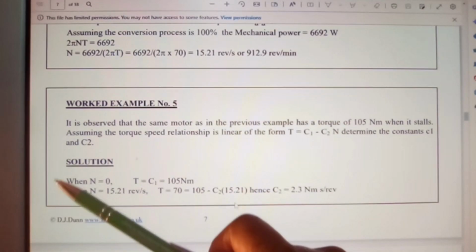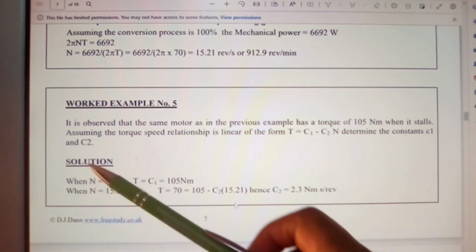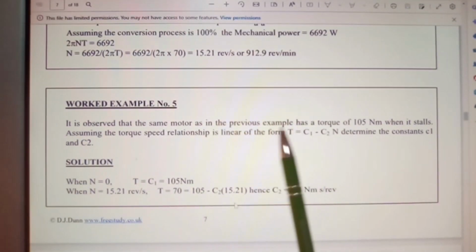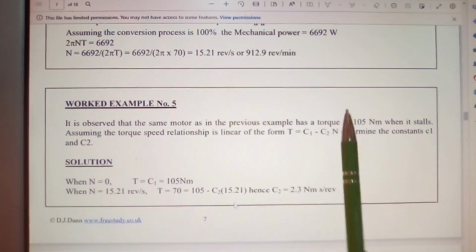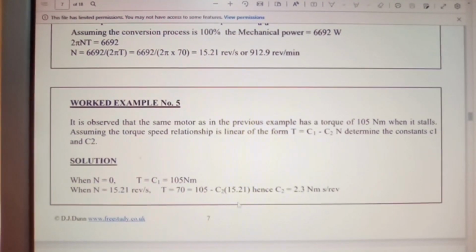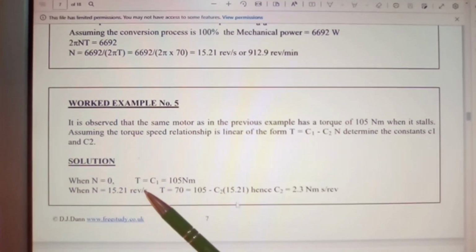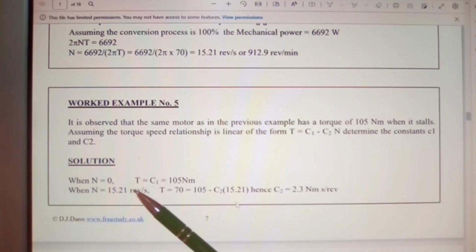Now again, to give you the solution to the question and the process, you need to make sure that you are applying the formulation that is relevant in solving the question, okay? Get used to doing that. I'm not going to be doing this for you now.